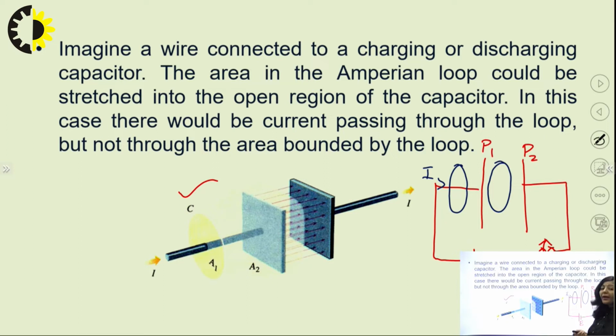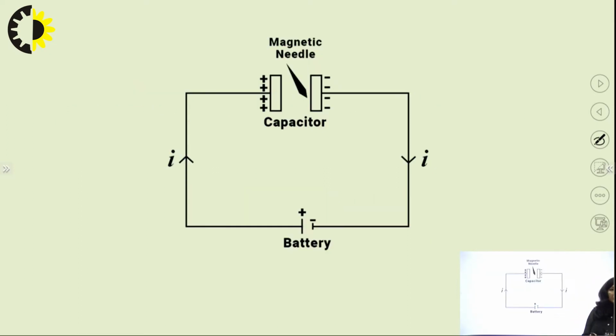What happens when this key K is closed can be understood from the circuit diagram. You have a closed loop here, and another loop between these two plates.